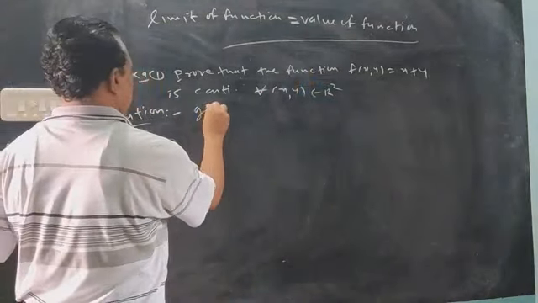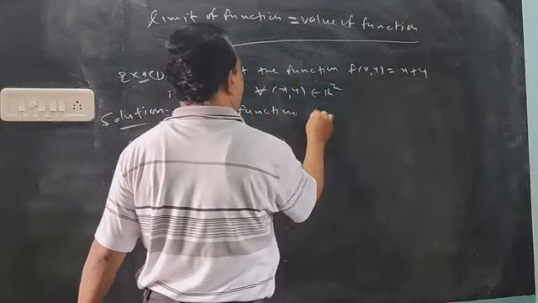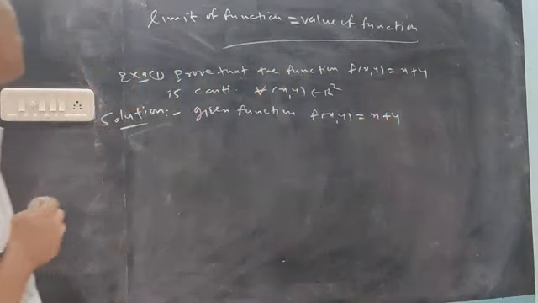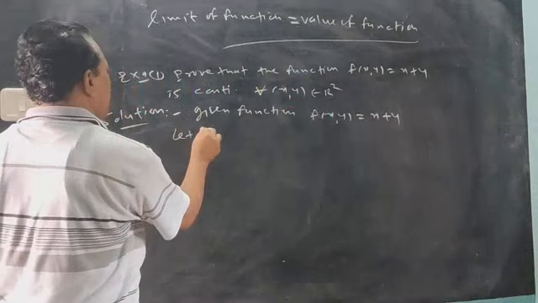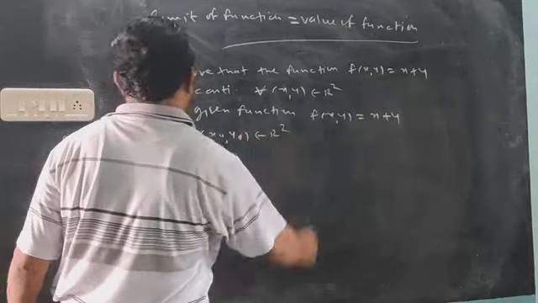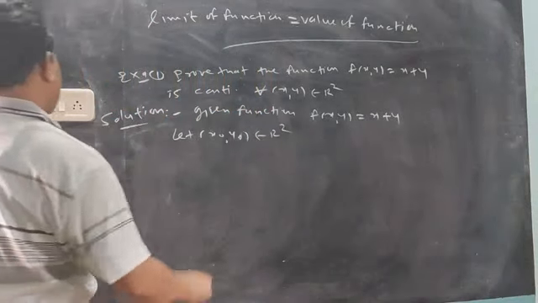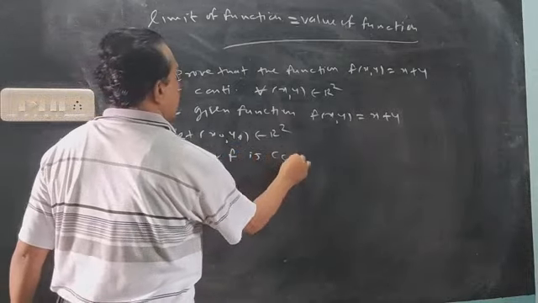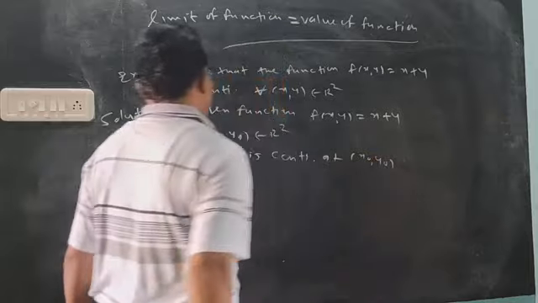So the given function is f of xy equals x plus y, addition, and it is continuous for all general points of the xy plane. You take one special point, let x0 y0 be one point of this R2 space, two dimension space, and verify to show this function f is continuous at this point.